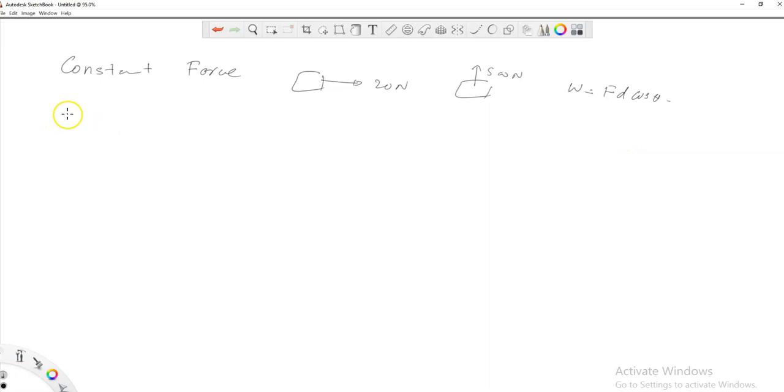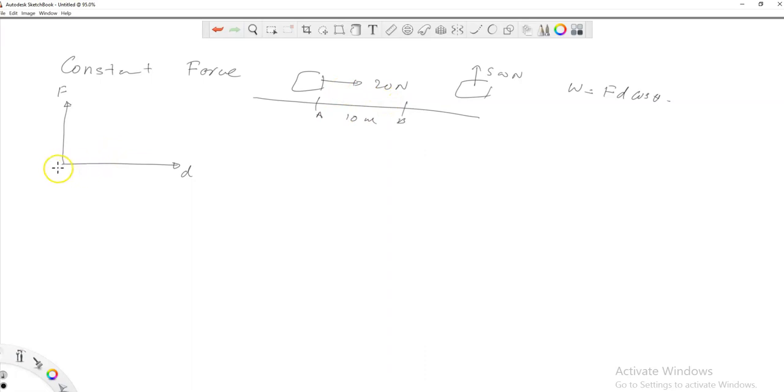And then work is simply that constant force multiplied by distance times cosine theta. If you draw a graph, the distance versus force, what do you think it's going to look like? Like for an example, this one. Starting from here, you moved it to this place, A to B. Let's say 10 meters, applying a 20 newton force, a constant force.